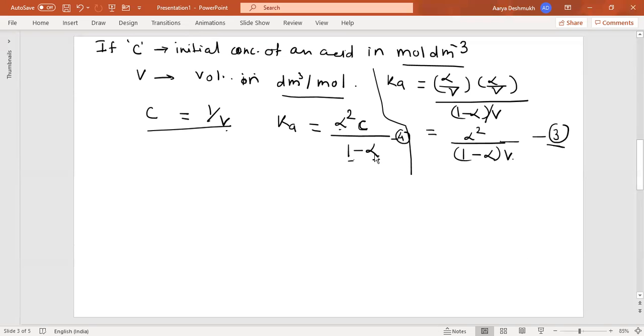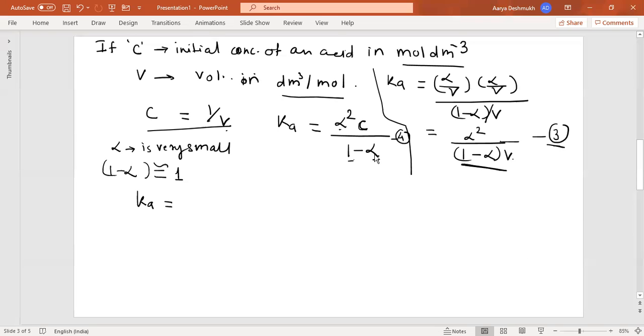Now for weak acids, alpha is very small. That is why we call it a weak acid, meaning a very small amount is dissociated into its ions. So you can write 1 minus alpha, the undissociated portion, is nearly equal to 1. This happens only when alpha is very small. Now both equation number 3 and 4 can be written as Ka equals, instead of 1 minus alpha, you write only 1.